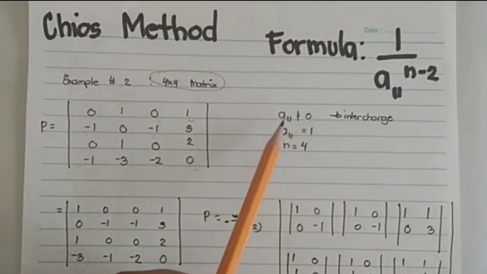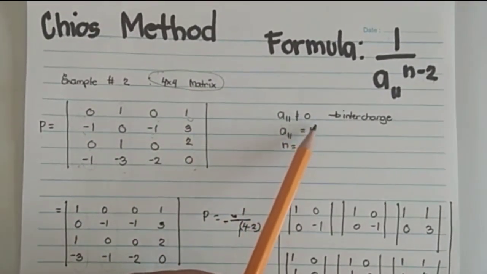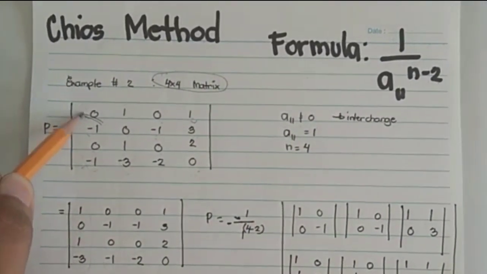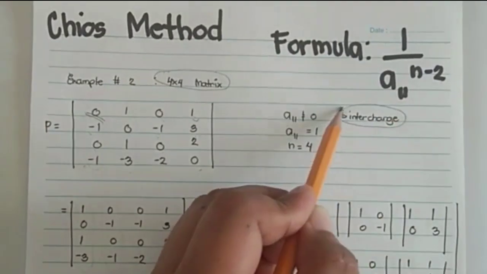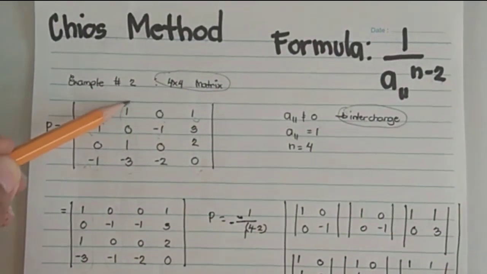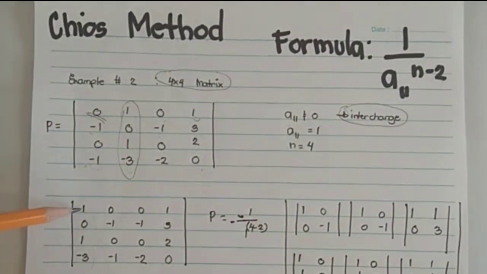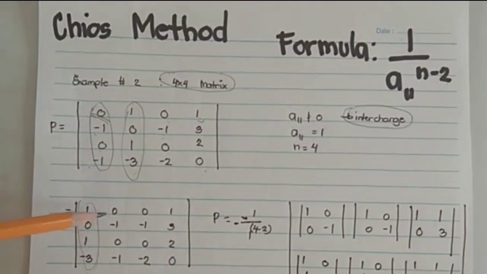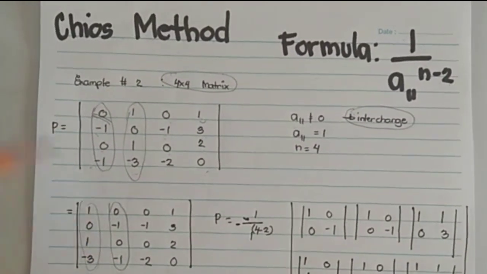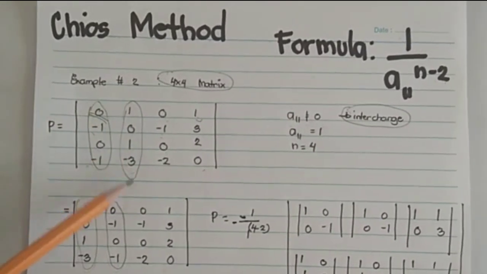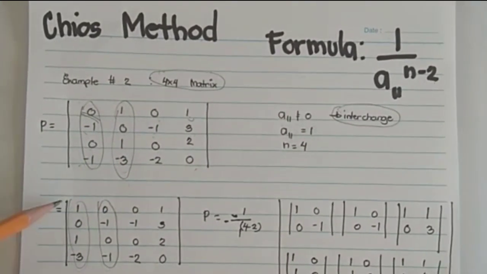So, a11 should not be equal to 0. But our first element here is 0. So, we need to make an interchange. So, to do the interchange, the second column should be written on the first column. And the first column will be interchanged to the second column. So, this second column element will be transferred to the first column.